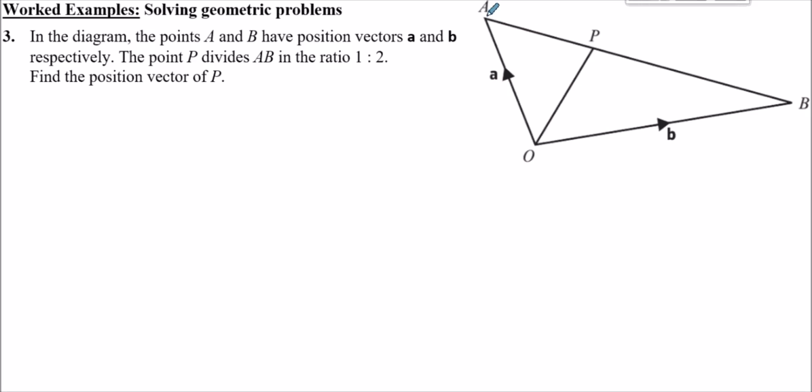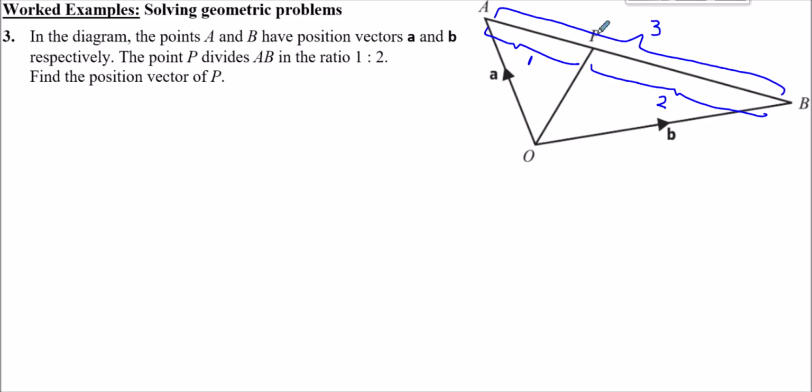And so dividing AB into these different parts, that's one part. That's 2 parts. The whole thing was 3 parts in terms of ratios. 1 plus 2 parts is 3 parts.